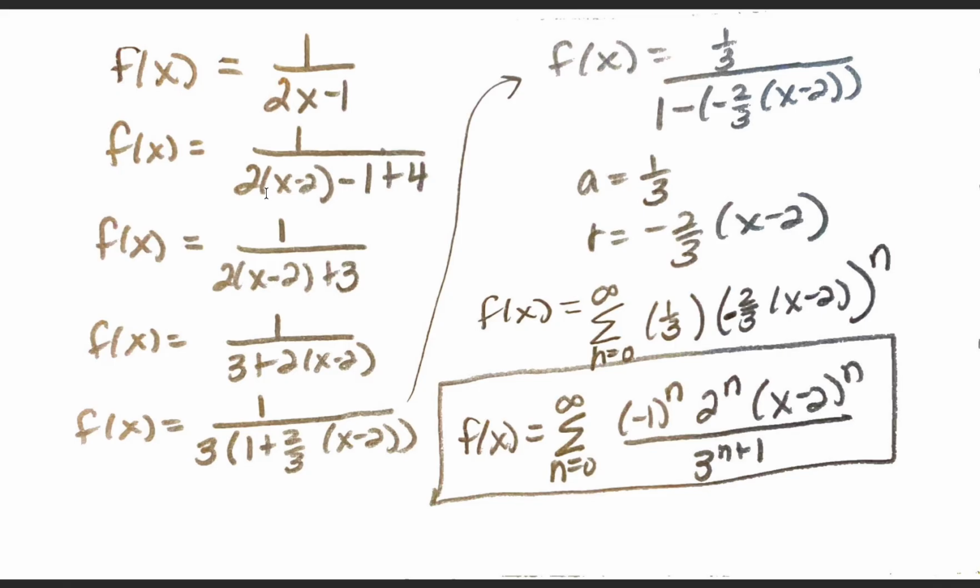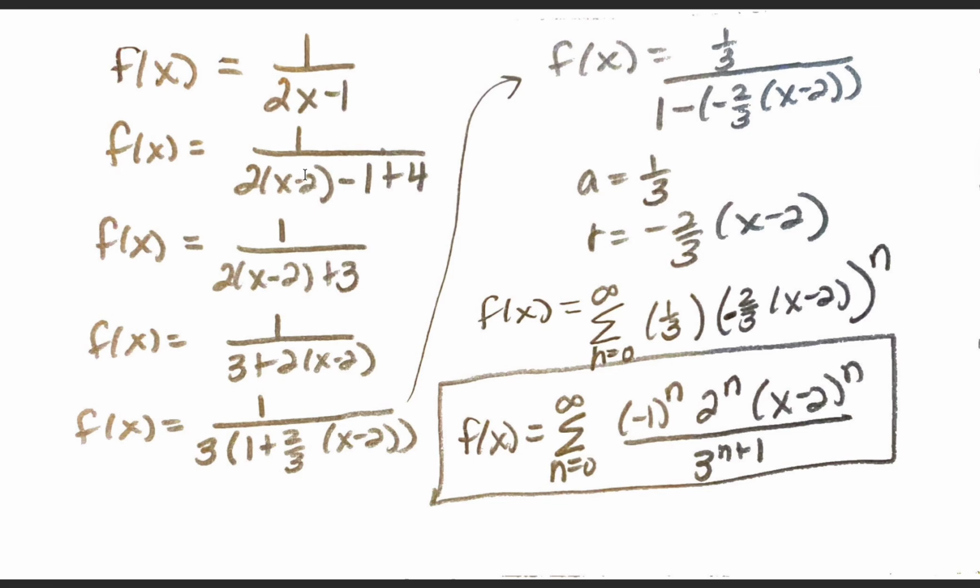But we cannot just randomly put a negative 2 inside the parentheses of x. We should do some subtractions or additions to counter that effect. Take a look here, because originally we only have 2x, but right here we have 2x minus 4.